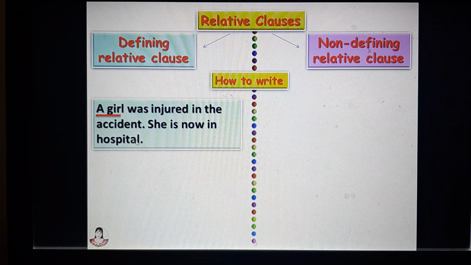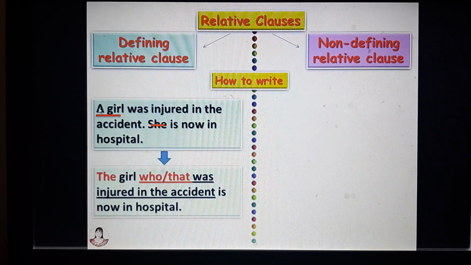A girl, the same as she, so we cross out she. Now, the noun in the first sentence and the pronoun in the second sentence. A becomes the. A girl, the girl.